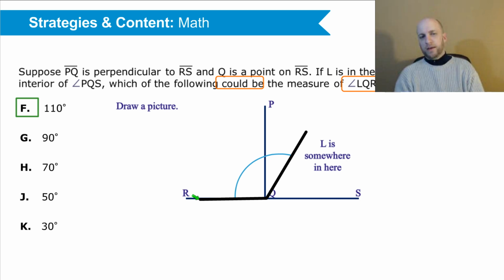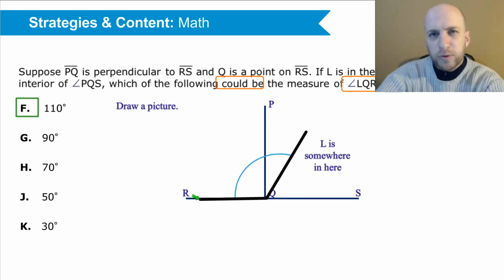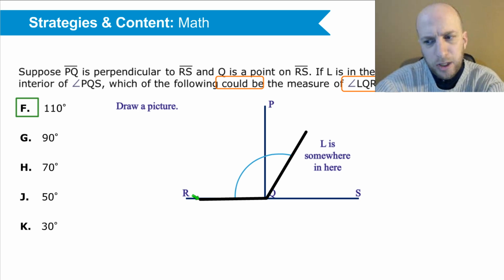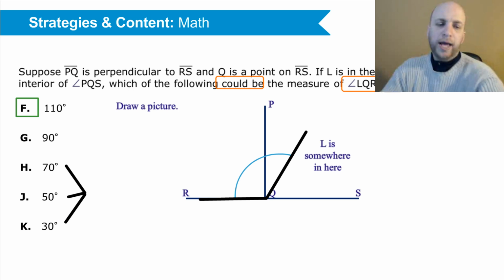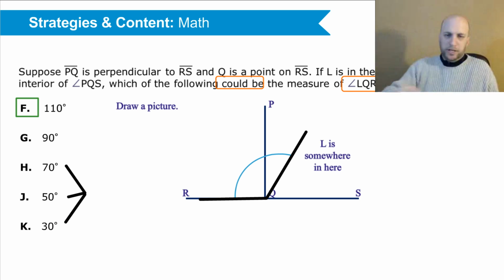Now, I want us to use some reasoning. Imagine I was a person who was stuck on this problem. I wasn't quite sure. Why could I eliminate H, J, and K in a heartbeat? Why could I eliminate all three of those in a heartbeat?